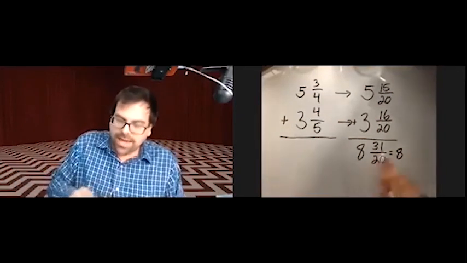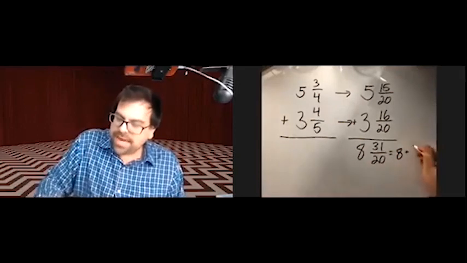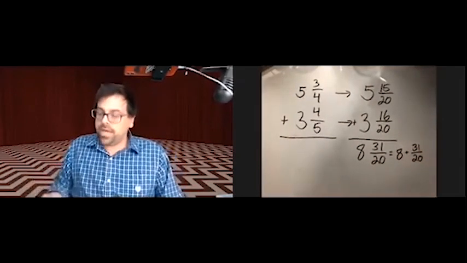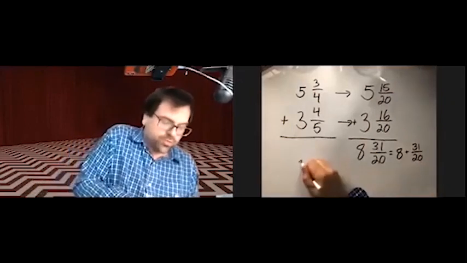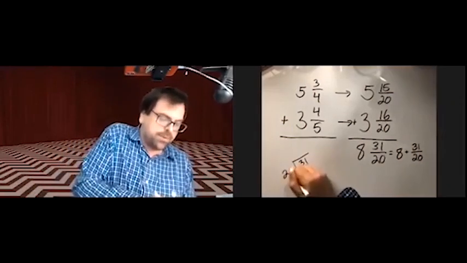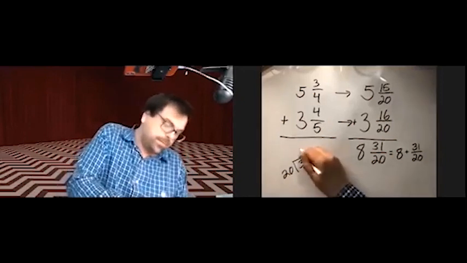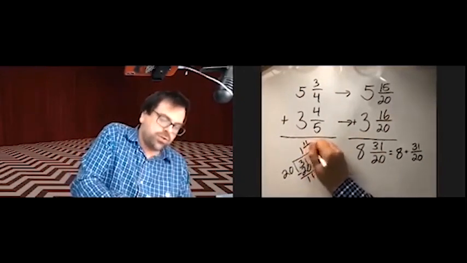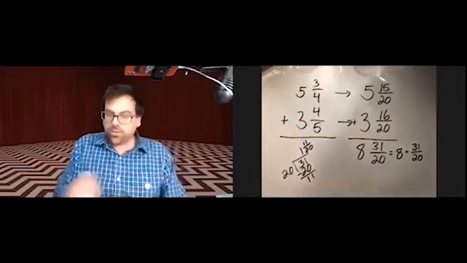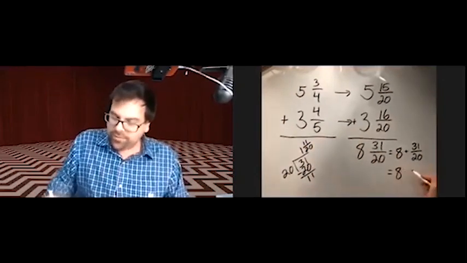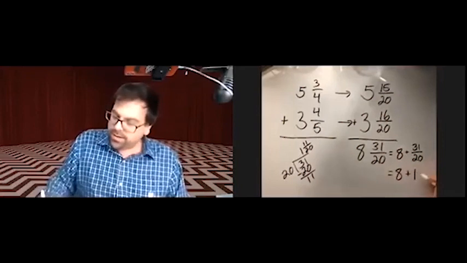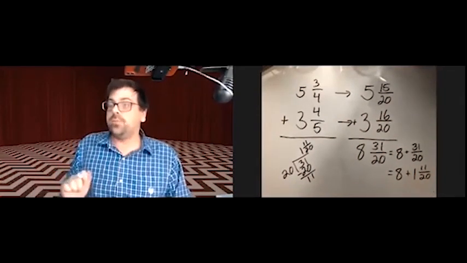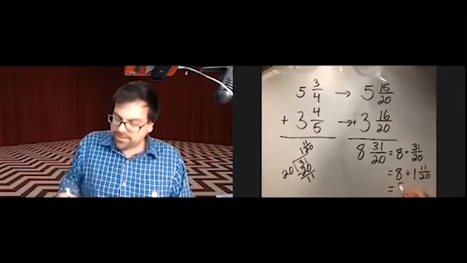Watch this. 8 and 31/20 is 8 plus 31/20. If we change 31/20 to a mixed number, we get a remainder of 11, which goes over 20. 31/20 itself is 1 and 11/20, and we add the 1 to the whole number we already had.